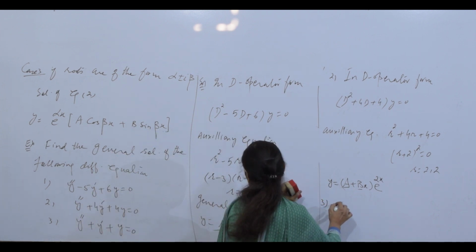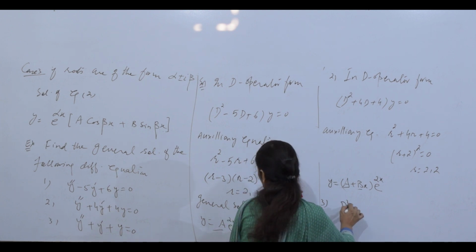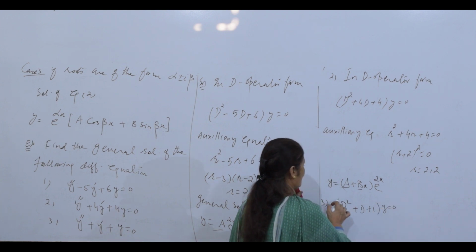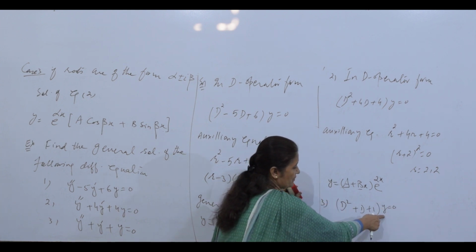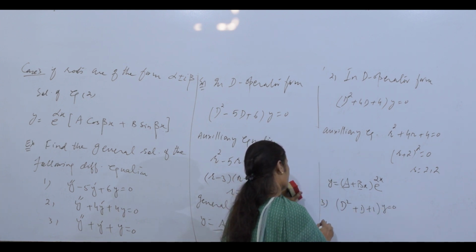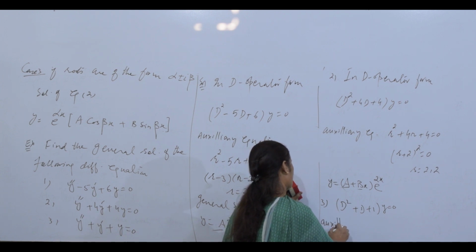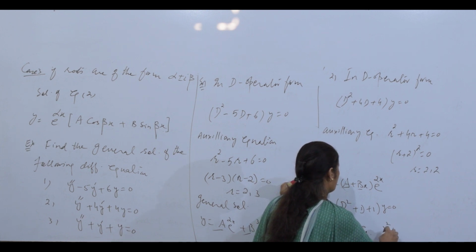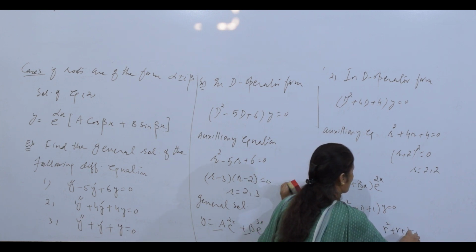Solution of the third, D operator form. This is D square plus D plus 1, the operator operating on something, and that something is y. Auxiliary equation: replacing D by r, equal to 0.